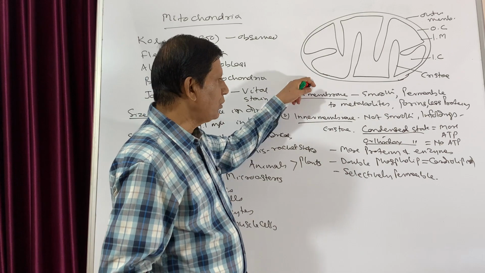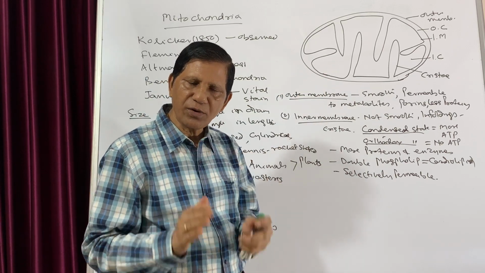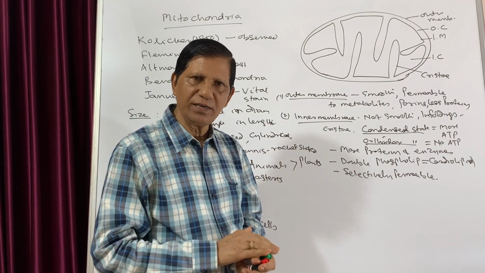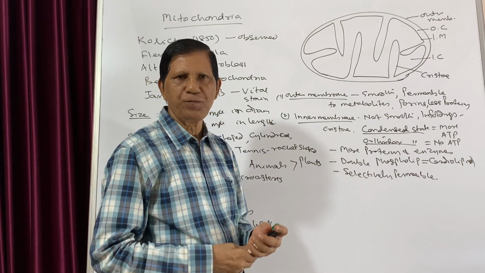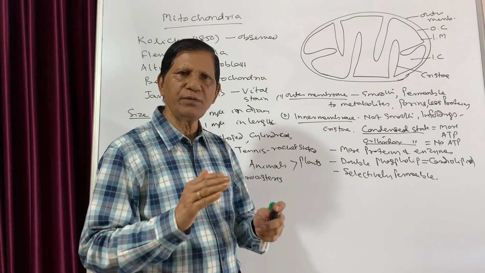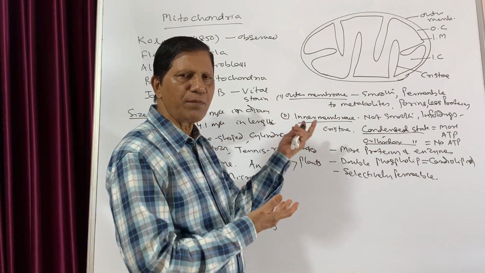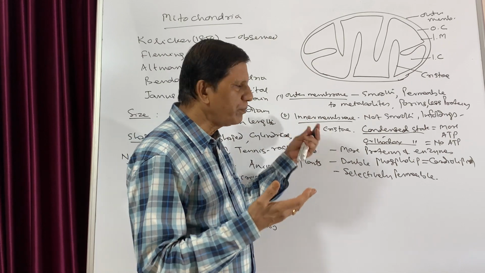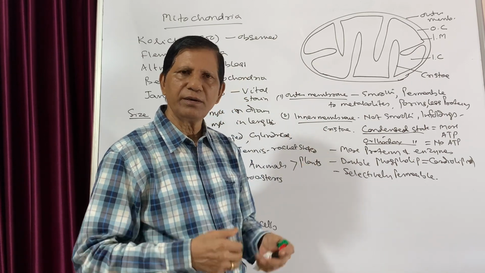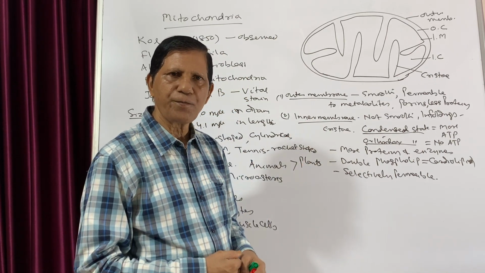That means both inner and outer membranes of mitochondria are structurally and functionally different. This is an important question. They are differently permeable, and they contain different types and amounts of proteins.